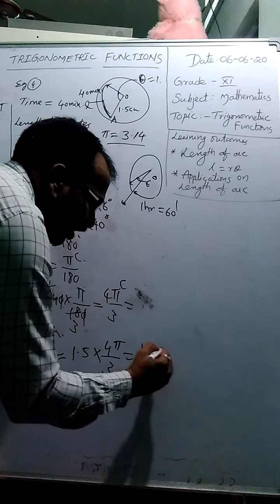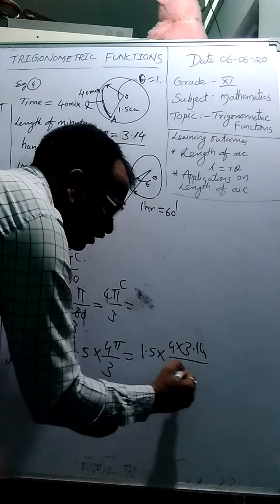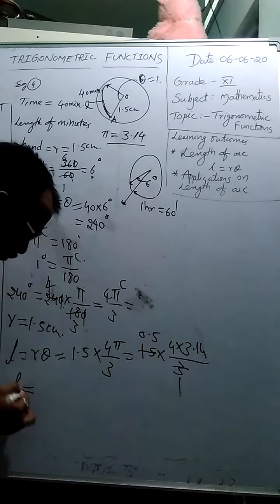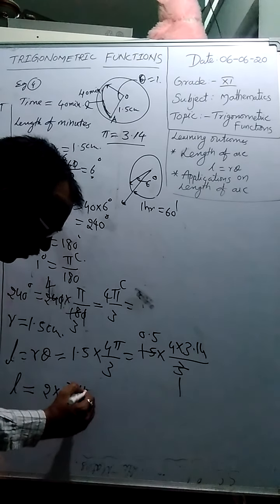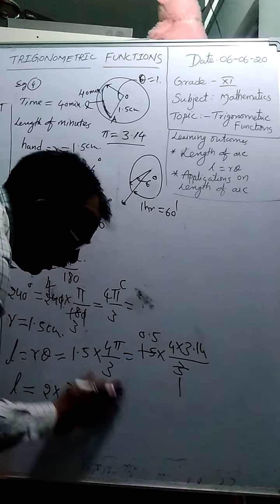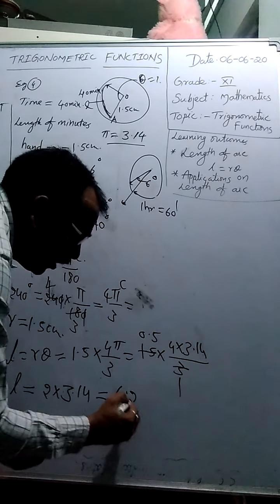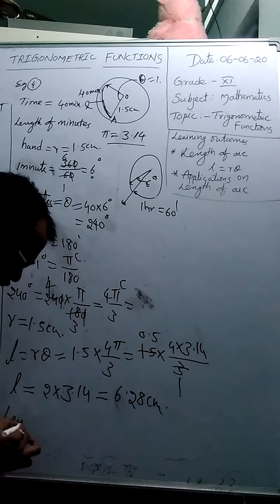Let us substitute. As we know, the pi value is 3.14, so 3.14 by 3. 3 1s are 3, 0.5 into 4 is 2, into 3.14, that is equal to 6.28 centimeters.